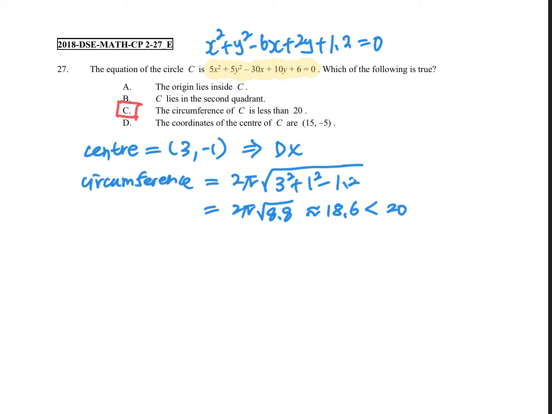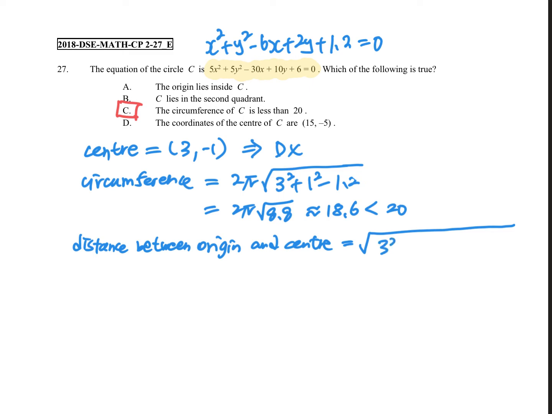But we have to make sure that option A and option B are incorrect. For option A, here we need to calculate the distance between the origin and the center. So that will be 3 minus 0 all squared, plus negative 1 minus 0 all squared.